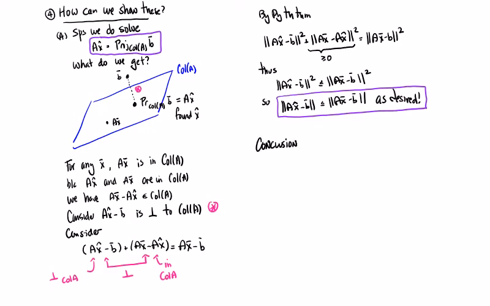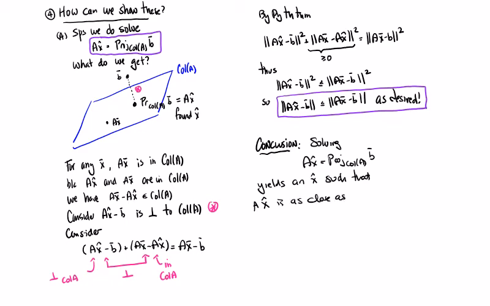This is just for part A, the most theoretical of the two: solving this yields an x hat such that A x hat is as close as possible to b. That's what we wanted at the very beginning.